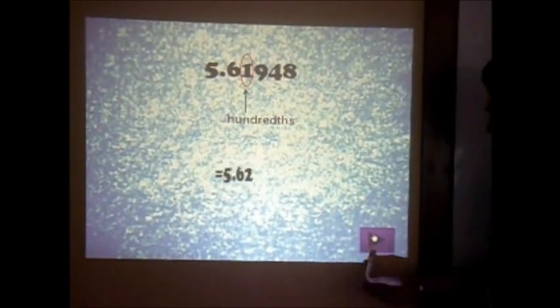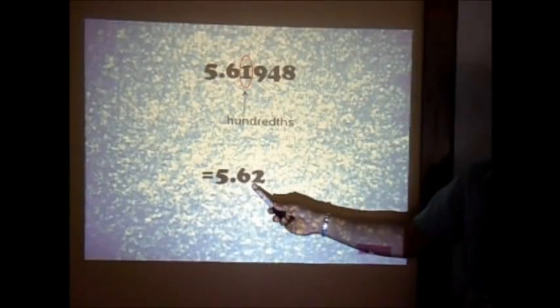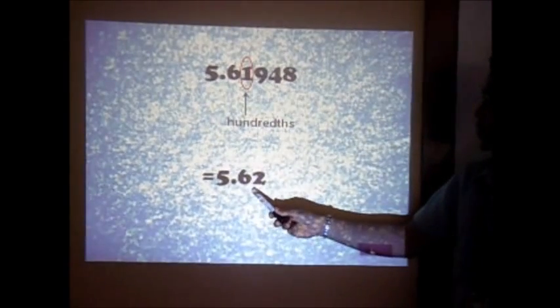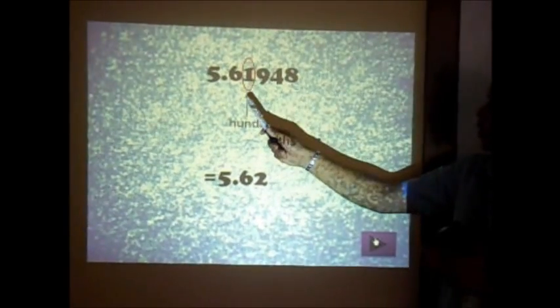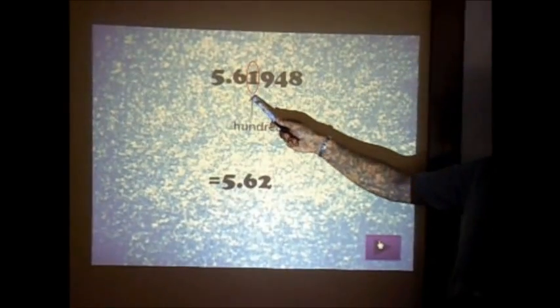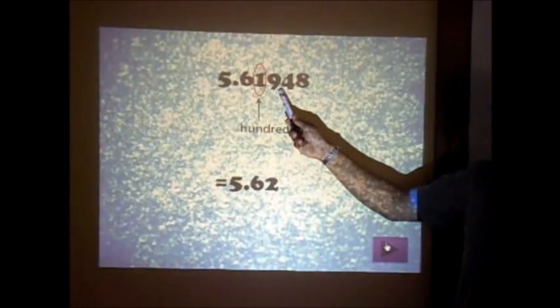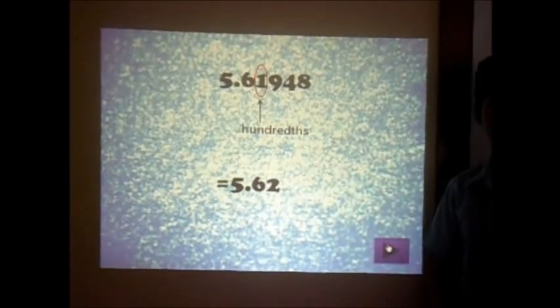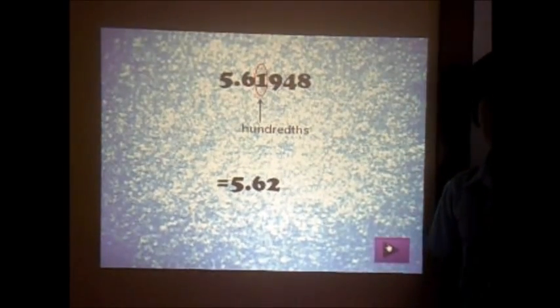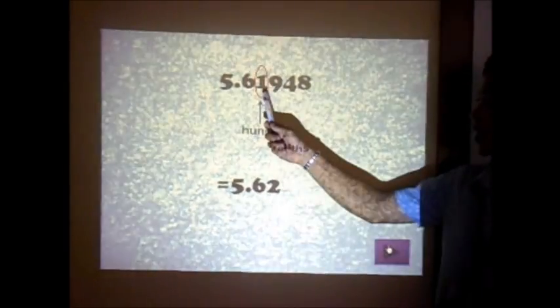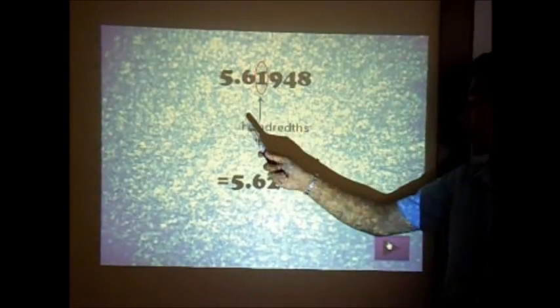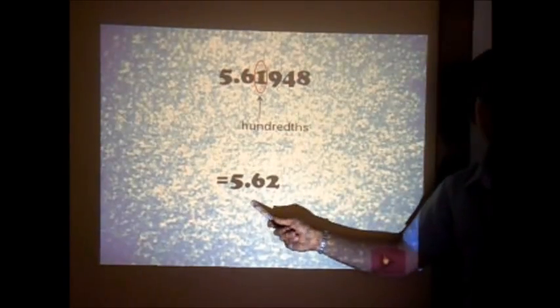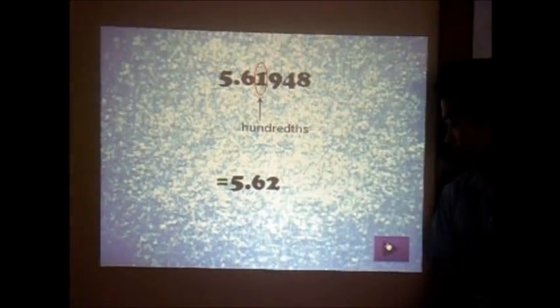Then our answer is 5.62. Why do we come out to 5.62? Since the digit after 1 is 9, take note that for 5, 6, 7, 8, 9 you should round up, or you will add 1 to the given place value. So our answer is 5.62.